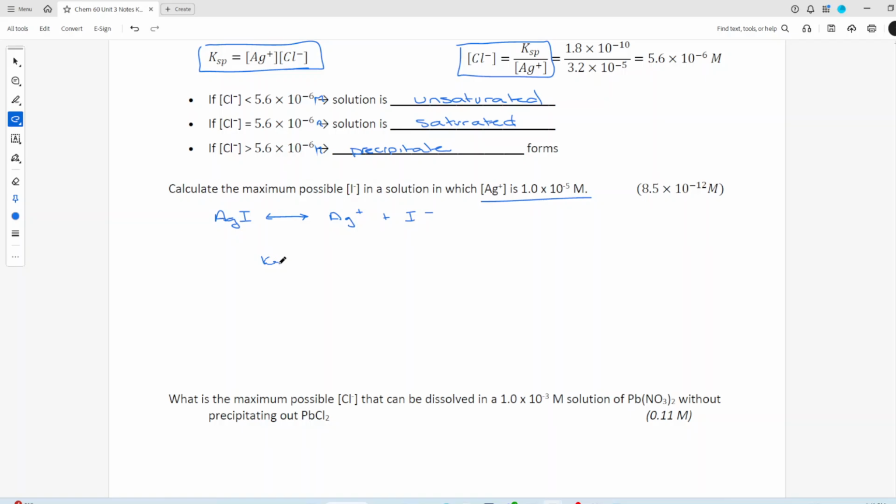The KSP expression would be silver times iodide. We want to find the maximum concentration of iodide ions, so I'm going to rearrange this equation to solve for iodide, which is KSP divided by the concentration of silver ions. Then I'm going to go to my data package and look up the KSP for silver iodide.